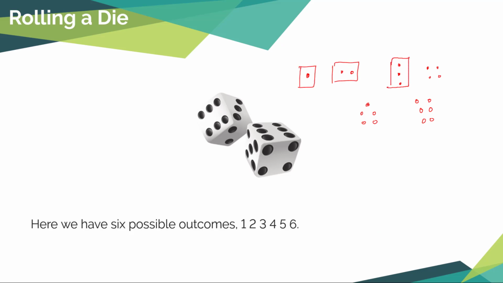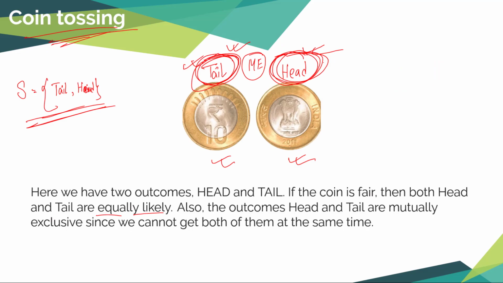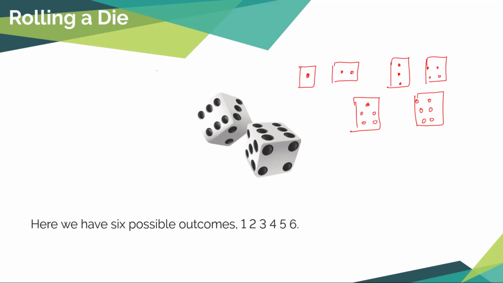These are the 6 different faces, right? These 6 different faces are sample points or possible outcomes. So in the first standard experiment we have 2 different possible outcomes, and in this case we have 6 different possible outcomes, right?